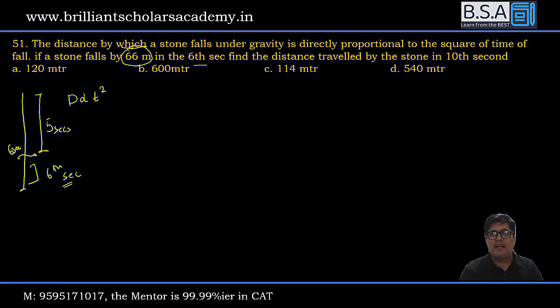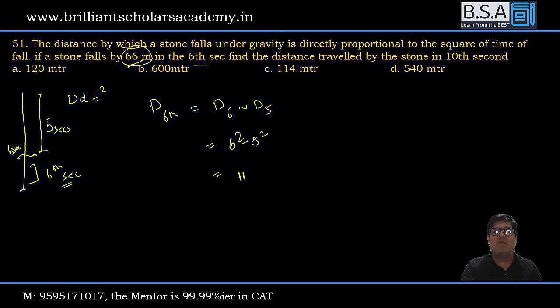So can I say if I want the distance traveled in the 6th second, it should be equal to the distance traveled in 6 seconds minus the distance traveled in 5 seconds, which should be 6 square minus 5 square, which should be 11. That 11, in my assumption, is 11.